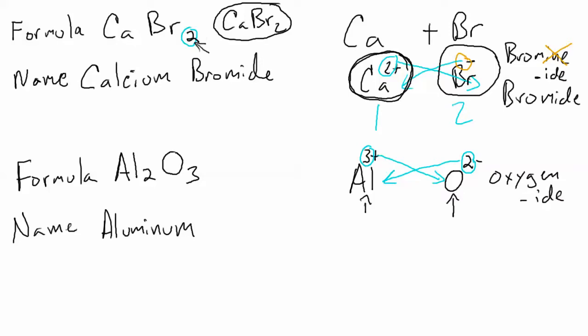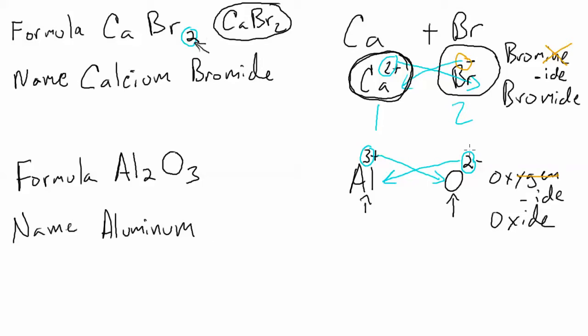Now sometimes it can be a little confusing until you've practiced this a bit, like what part of the name do you drop? And for oxygen, you actually drop the "ygen" part. So the name of oxygen, when it becomes a 2 minus ion, is oxide. You see how that works?